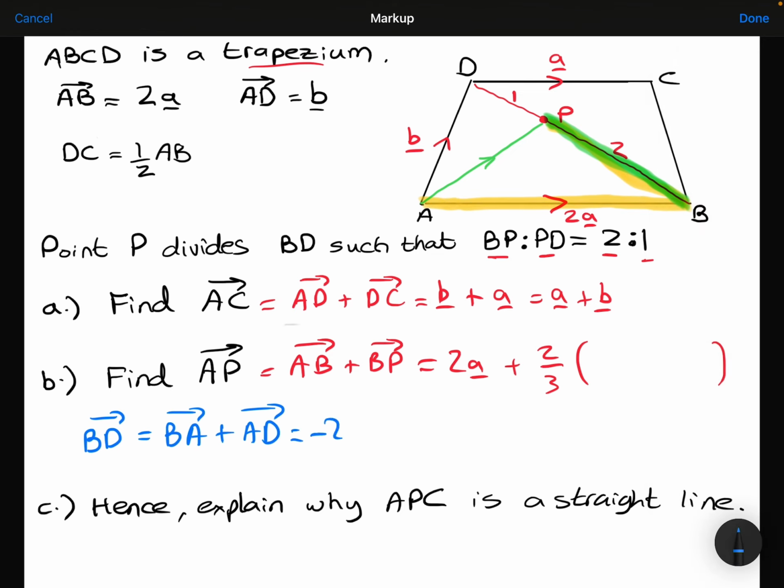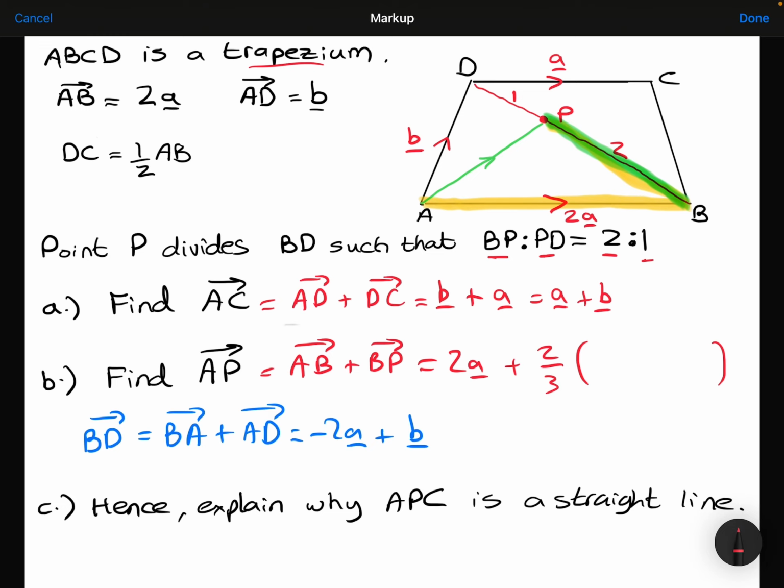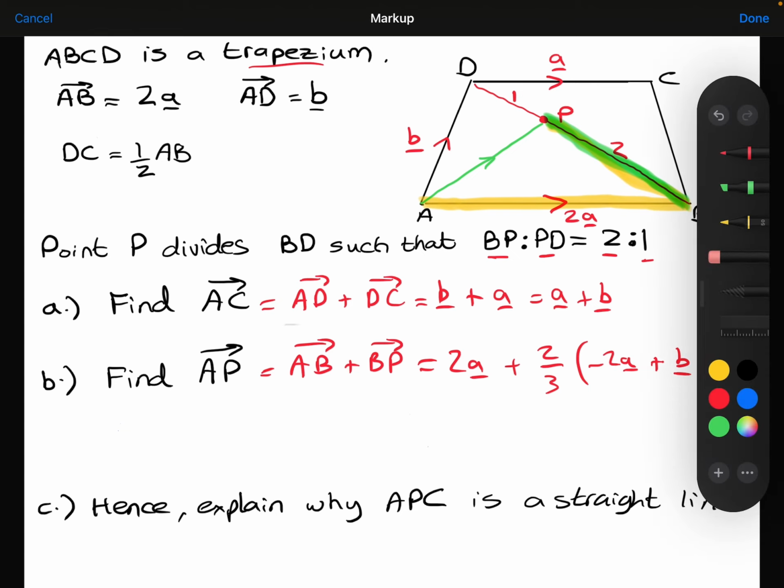And the vector AD is b. So that is the vector BD. So therefore BP is 2/3 of that. Now I have managed to work out the vector AP solely in terms of the vector a and the vector b.